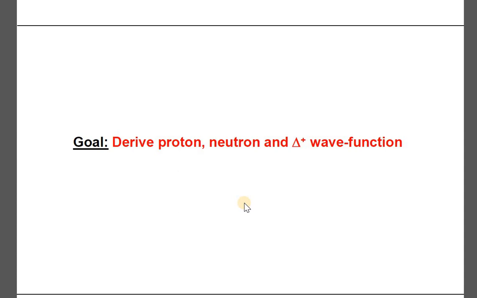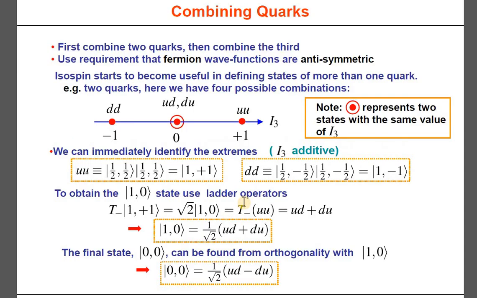flavour-spin state function. Fine. So the first thing to do is we have to combine quarks. Till now we have been talking about only one quark, and now I'm going to talk about two quarks. So let's first combine two quarks and then afterwards combine the third one and use the requirement that fermion wave functions are antisymmetric.